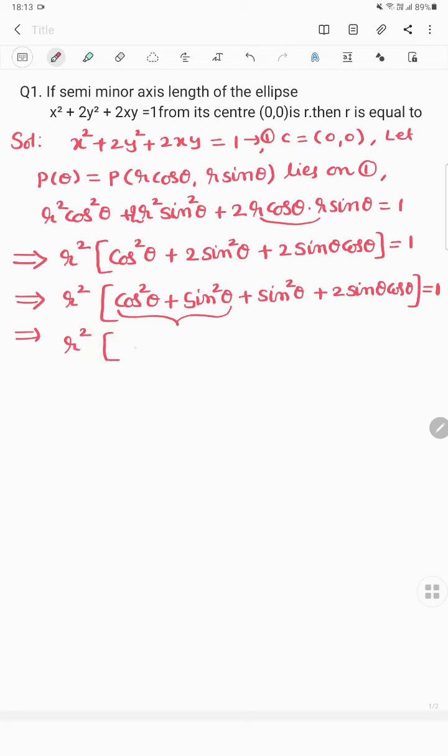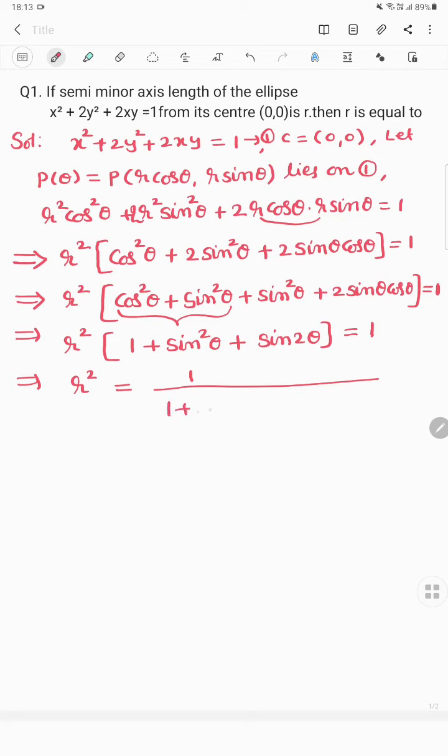R square into 1 plus sin square theta plus 2 sin theta cos theta, that is sin 2 theta, is equal to 1. R square is equal to 1 by 1 plus sin square theta plus sin 2 theta.